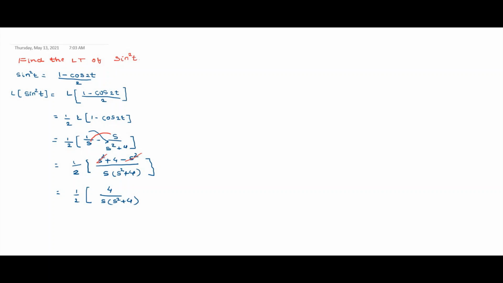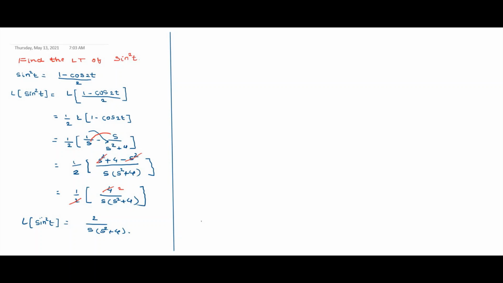Again 2 and 2 cancel, leaving 2. So the Laplace transform of sine square t is 2 divided by s into bracket s square plus 4.